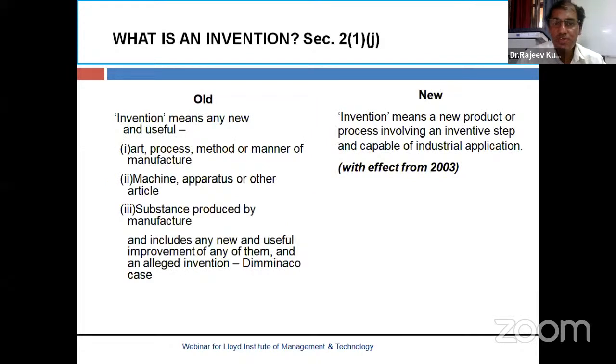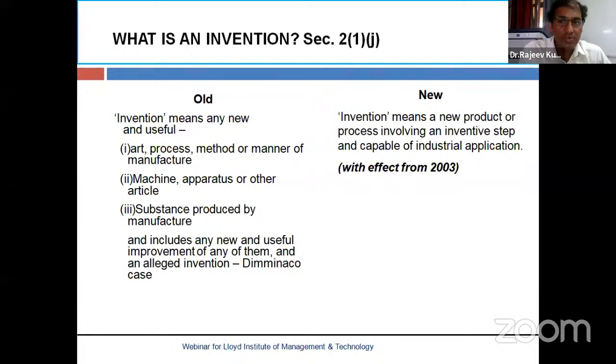So what's an invention? As per section 2(1)(j), when we come across something very interesting, it should qualify the definition of an invention. So you should always focus on the definition, so that you can know whether the research lead you have is actually an invention.